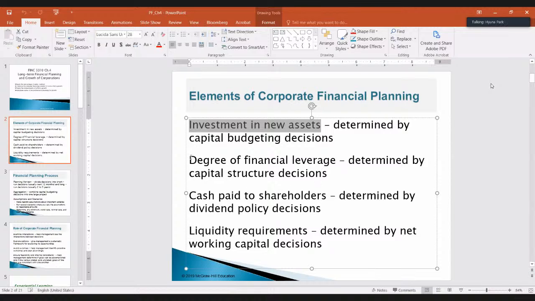So another element of corporate financial planning is, the CFO's office identified what kind of assets will be purchased and what kind of investment project will be launched next year.